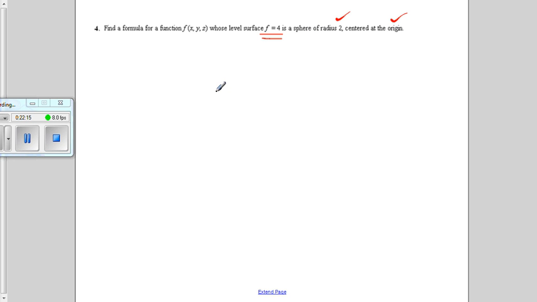Well, if it's a sphere of radius 2, we know that x squared plus y squared plus z squared, the equation for a sphere, equals, well, if it has a radius 2, we want the level surface to be 4, 2 squared. This is the equation for a sphere, and it equals 4, which is what we want it to do.